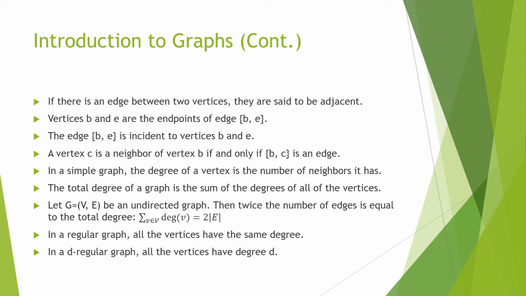We say a graph is d-regular if and only if all vertices have the same degree equal to d. So, for example, a two-regular graph is a graph in which all vertices have degree 2, which means every vertex has 2 and only 2 neighbors.